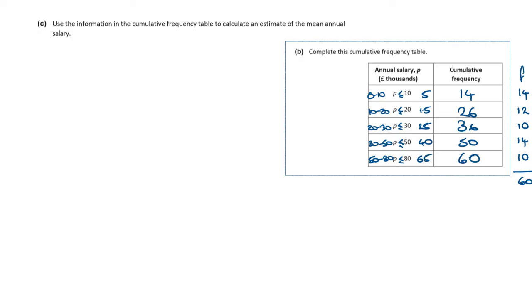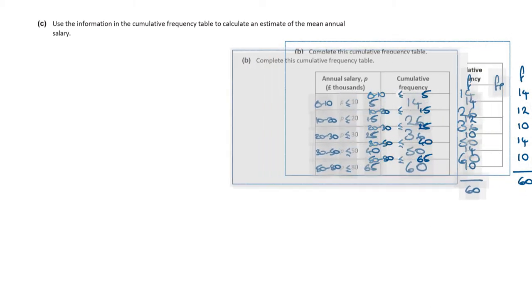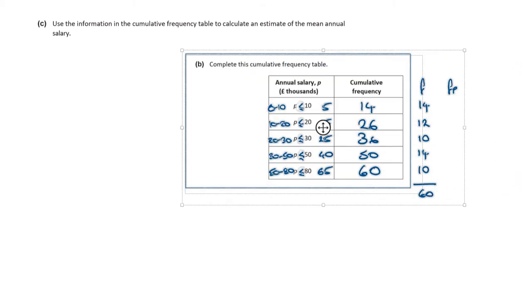Okay, so once we've got those mid values, I need to then multiply them by the frequencies, don't I, to get FP. Just going to budge this over a bit so it fits a bit more on my page. So I need to multiply my mid value by my frequency.